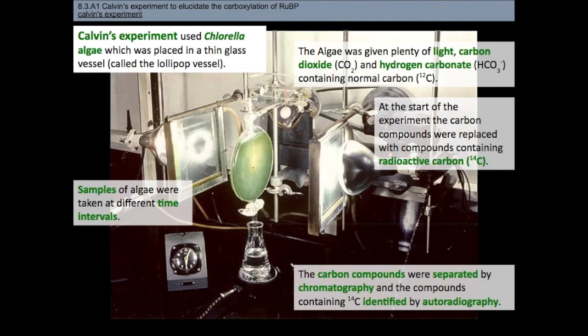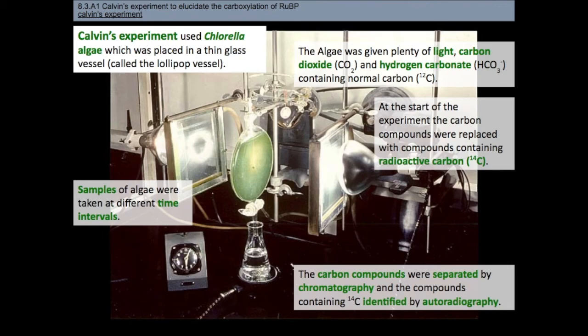This is not possible if we don't know the carbon-14 isotope. If this hasn't been discovered, how can he monitor the carbon being formed? He was able to monitor that because we can use the carbon-14 isotope. This is radioactive. We can follow the emission of radiation by the different molecules.